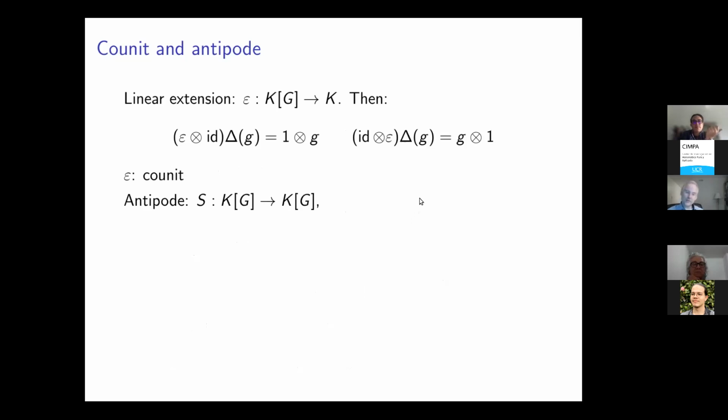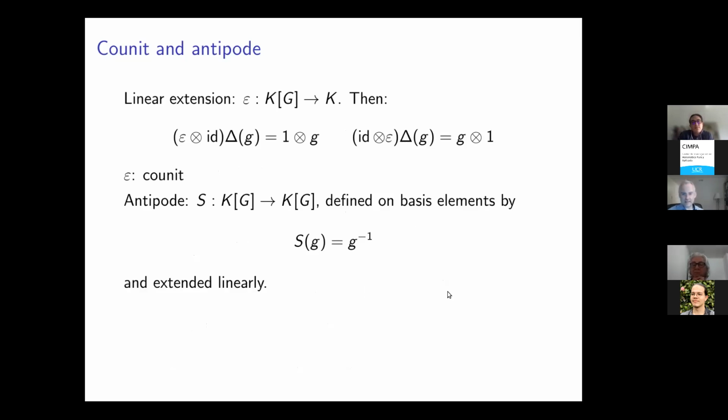And then there's also a second morphism, the so-called antipode, which is defined on the basis elements by just mapping every group element to its inverse, and then extending linearly. So it does not map an arbitrary element to its inverse, because an arbitrary element is not even invertible, but it maps the basis elements to the inverses and then extends this linearly.